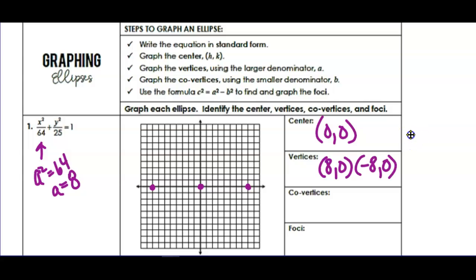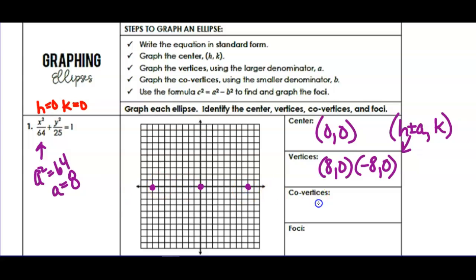Or the fancy formula from the reference sheet is, let's see, that would be H plus or minus A, comma, K for the vertices when it's going horizontally. Because here, H and K were both 0, and A was 8. So 0 plus 8, 0 minus 8, and K was 0.